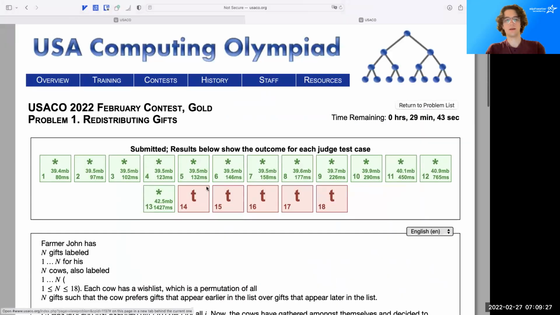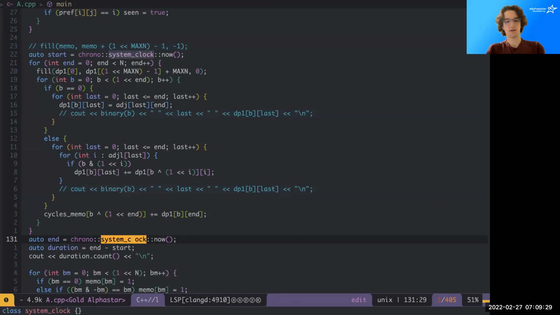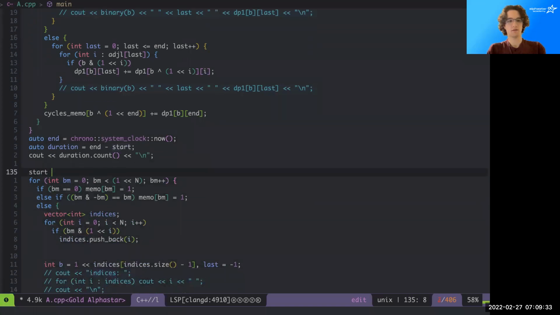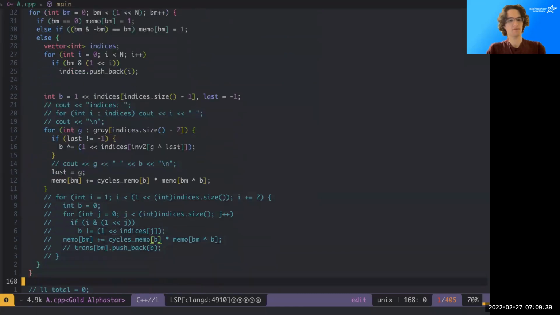At least tell us which part is taking the most time.